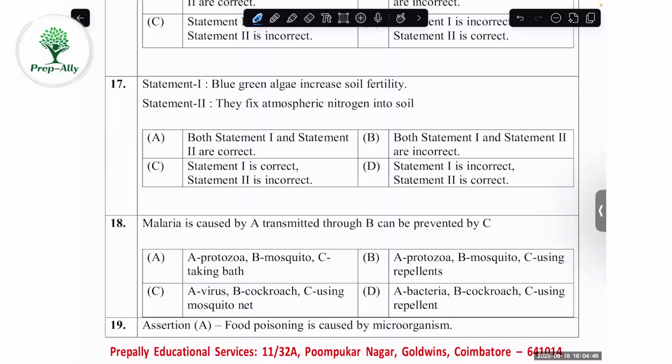Nitrogen is very much required for a plant to grow, so it's required for soil fertility. The blue-green algae trap the atmospheric nitrogen into the soil, and because of that, the soil fertility increases. As a result, both statements 1 and 2 are correct.